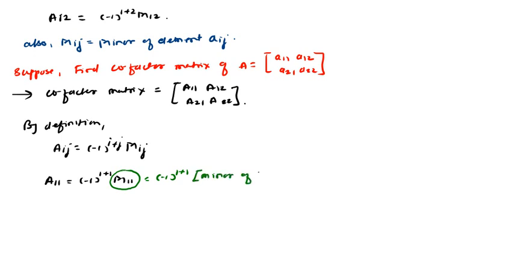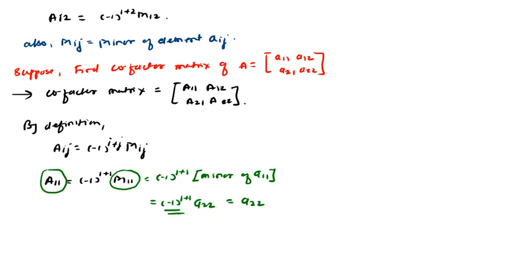So what is the minor of a11? Hide the row and the column where a11 is present. What remains? a22. Minus 1 raised to 2 will be 1, so what remains is a22. So we got the value of capital A11, which is a22.